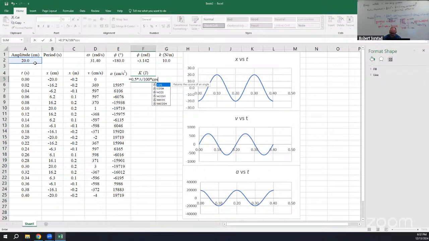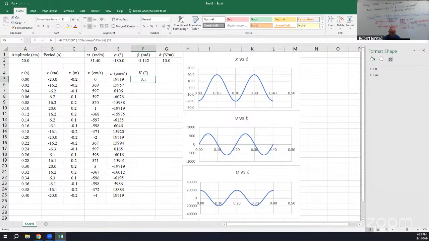Cosine of omega times time plus the phase angle in radians. Here we go. And then I want to square that. So I could do it that way as well.